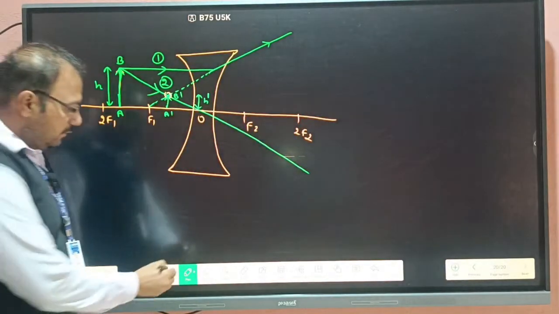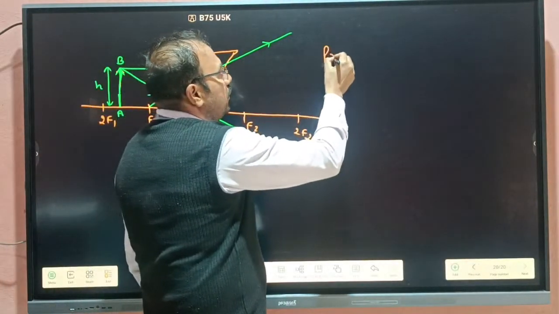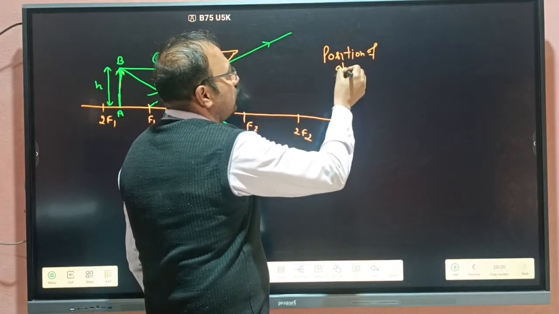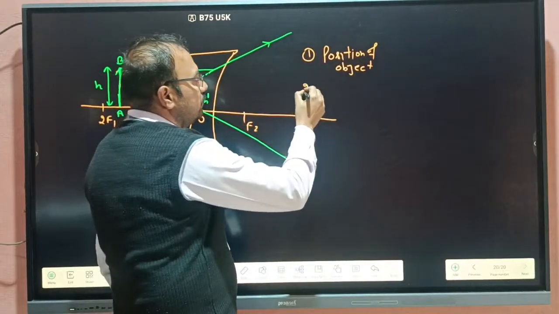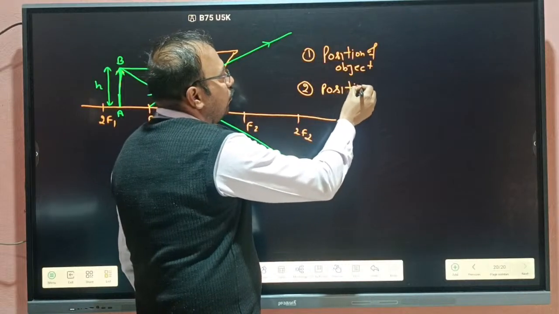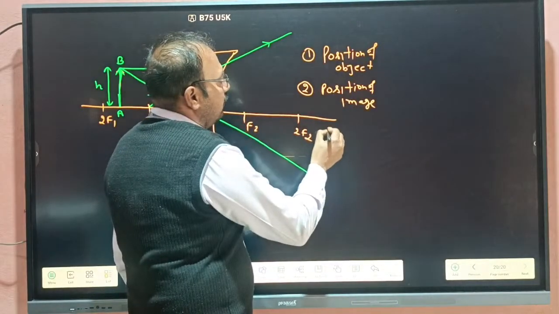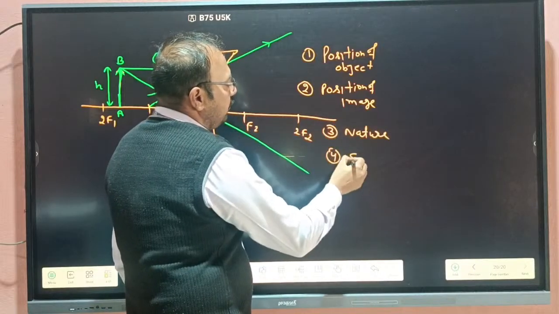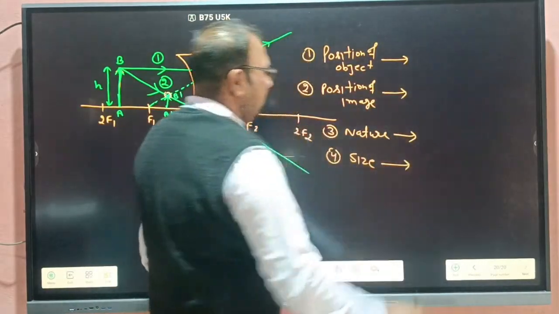Here, the first parameter is the position of the object, second the position of the image, third the nature, and fourth the size.